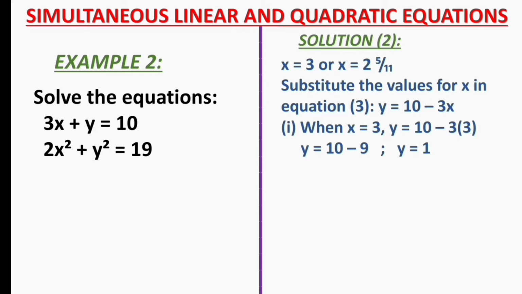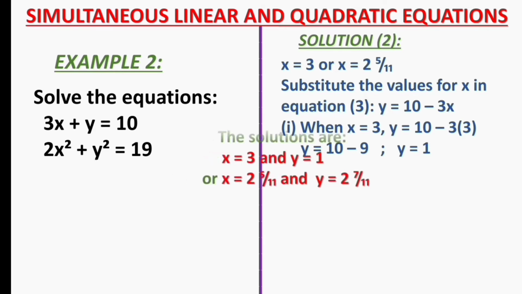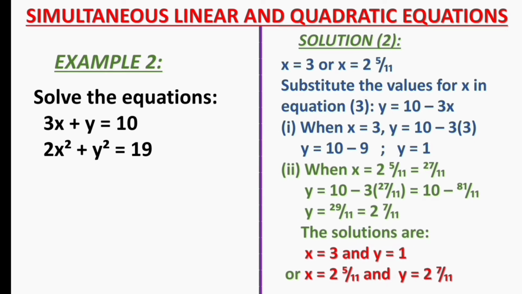Since x is equal to 3 or x equal to 2 whole number 5 over 11, substituting these values for x into equation 3, which is y is equal to 10 minus 3x, you are going to have when x equal to 3, y is equal to 1 from substitution. Also, you will have when x is equal to 2 whole number 5 over 11, y will be 2 whole number 7 over 11. I hope your answers are correct.